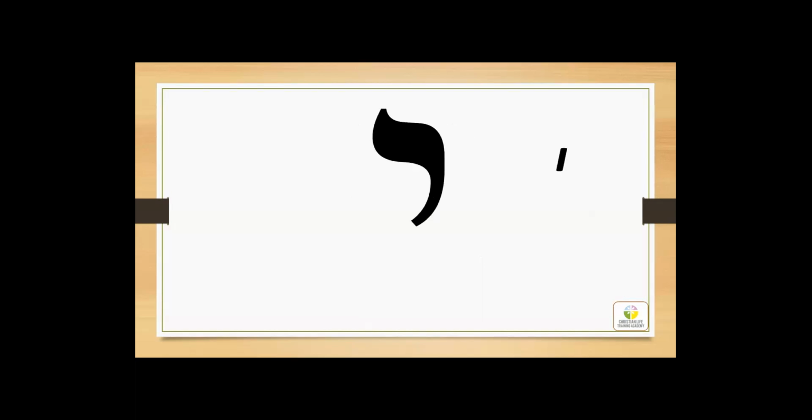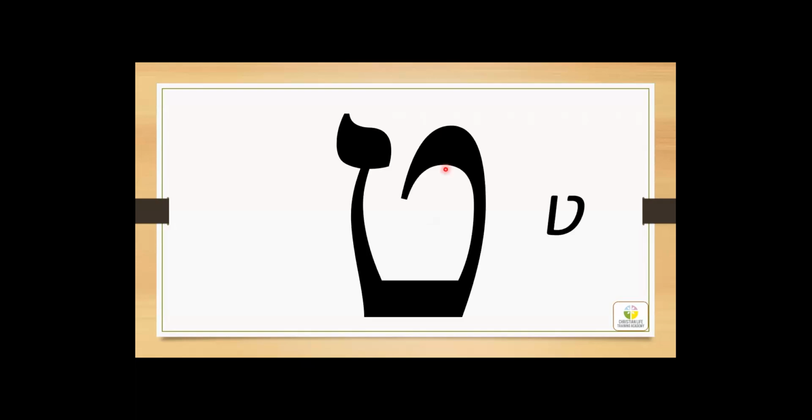Tet is for a snake. Let's go back. Tet. It looks almost like a snake. Can you see how snaky it is? It's a snake. It is a basket.